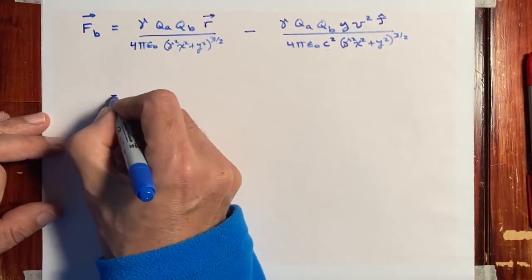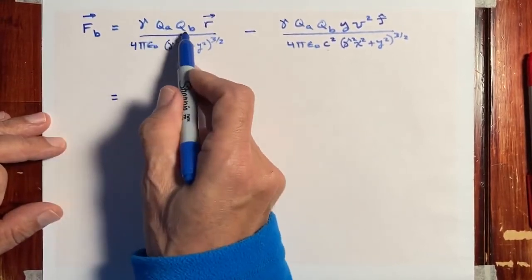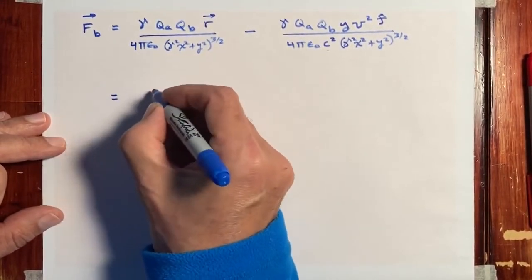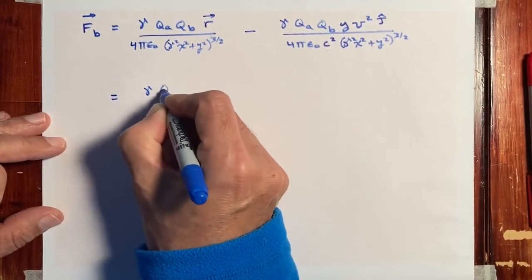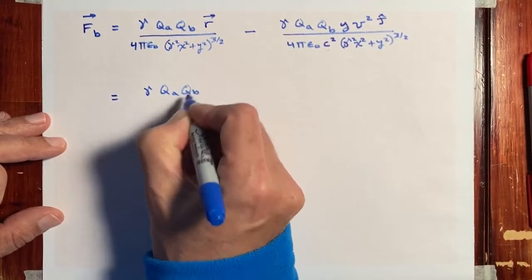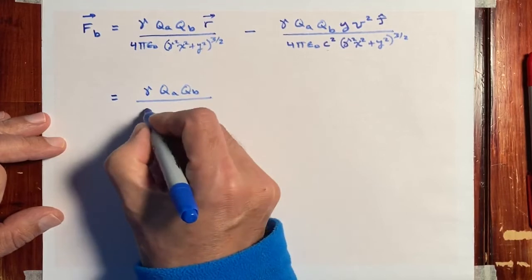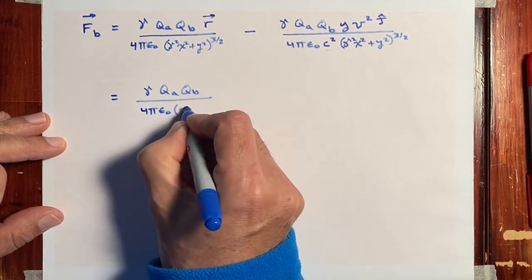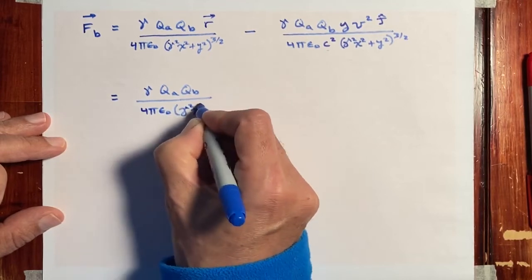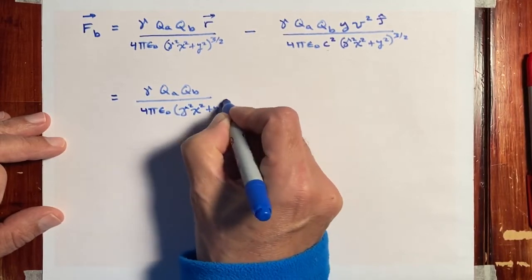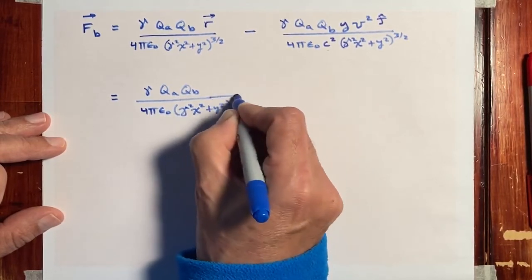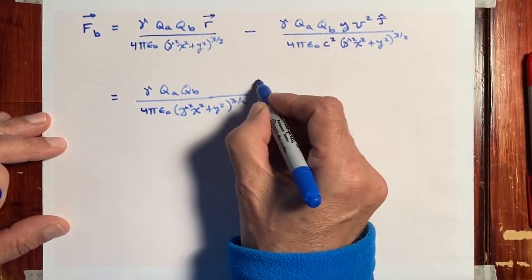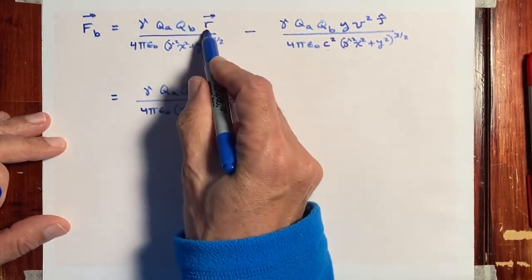Okay, now we can factor out gamma qa qb and a bunch of this other stuff down in the denominator. So we'll say gamma qa qb over 4 pi epsilon 0 times gamma squared x squared plus y squared to the 3/2. And here what we're going to have is this r right here.